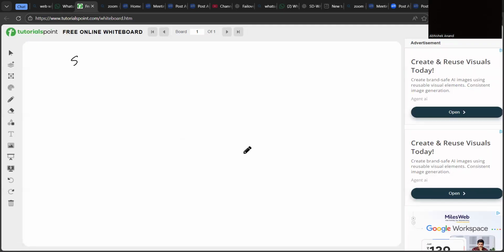What is step 3? SLA monitoring. This is a very important part.